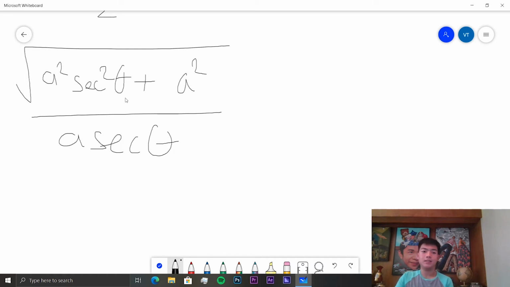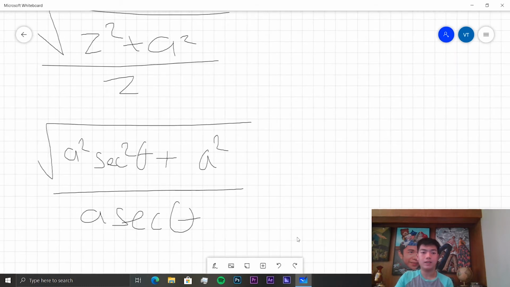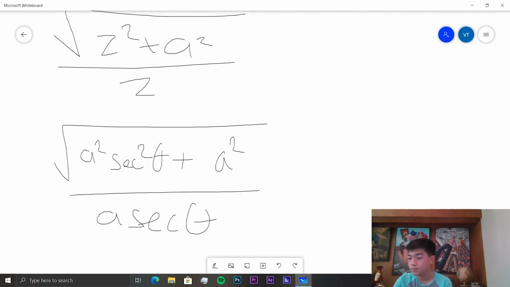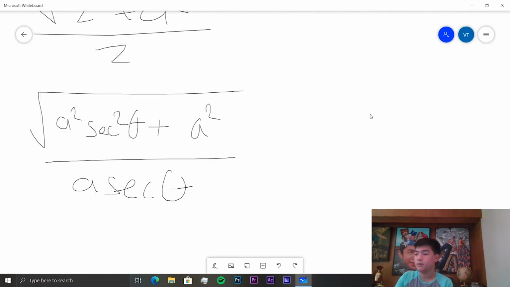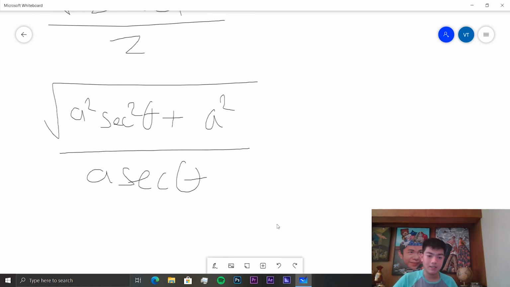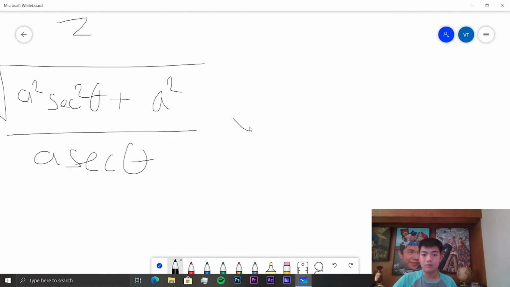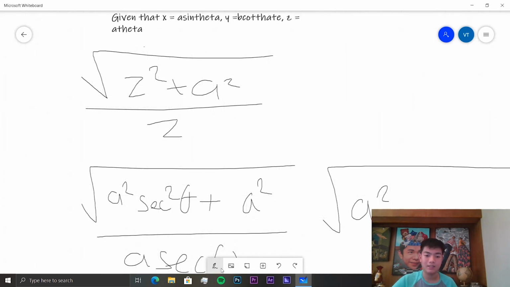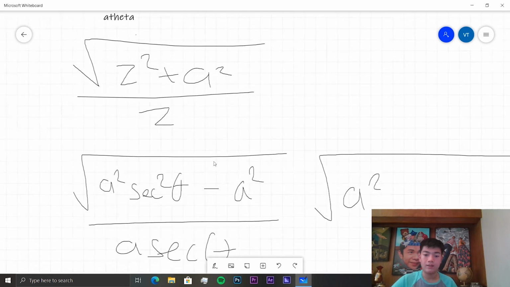1 plus secant squared, this is z squared plus a squared. Yeah, no, there is an error. They mean to say a squared secant squared theta minus a squared. So let's just change that.